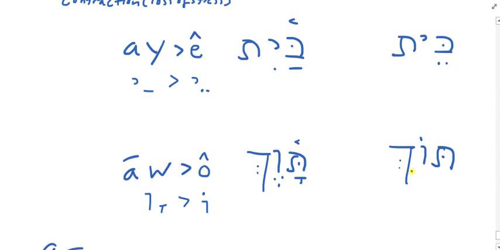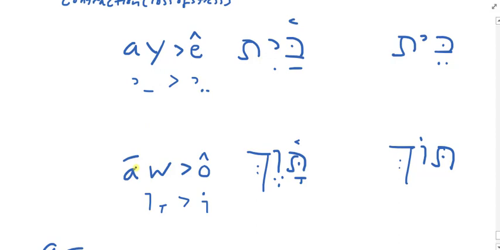Okay? Now, the reason that Ross is telling you about the AY and the AW diphthongs contracting is because when we get to this next section in 9.5, we want you to see that the vowels sereyod and holem vav often arise originally from A vowels.